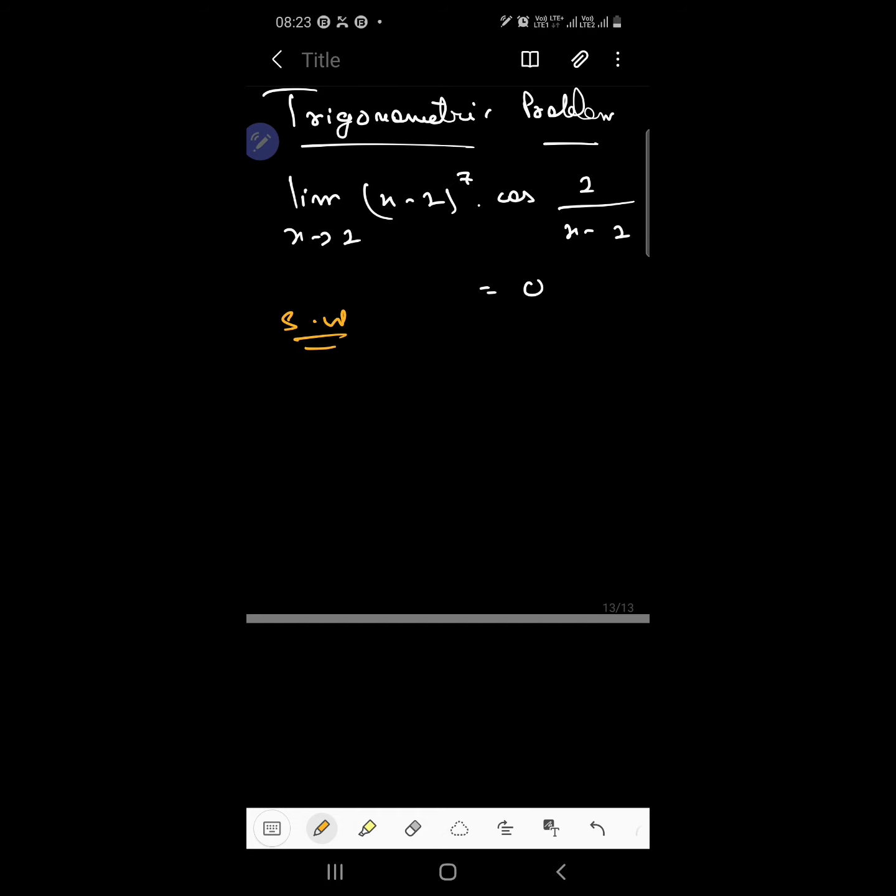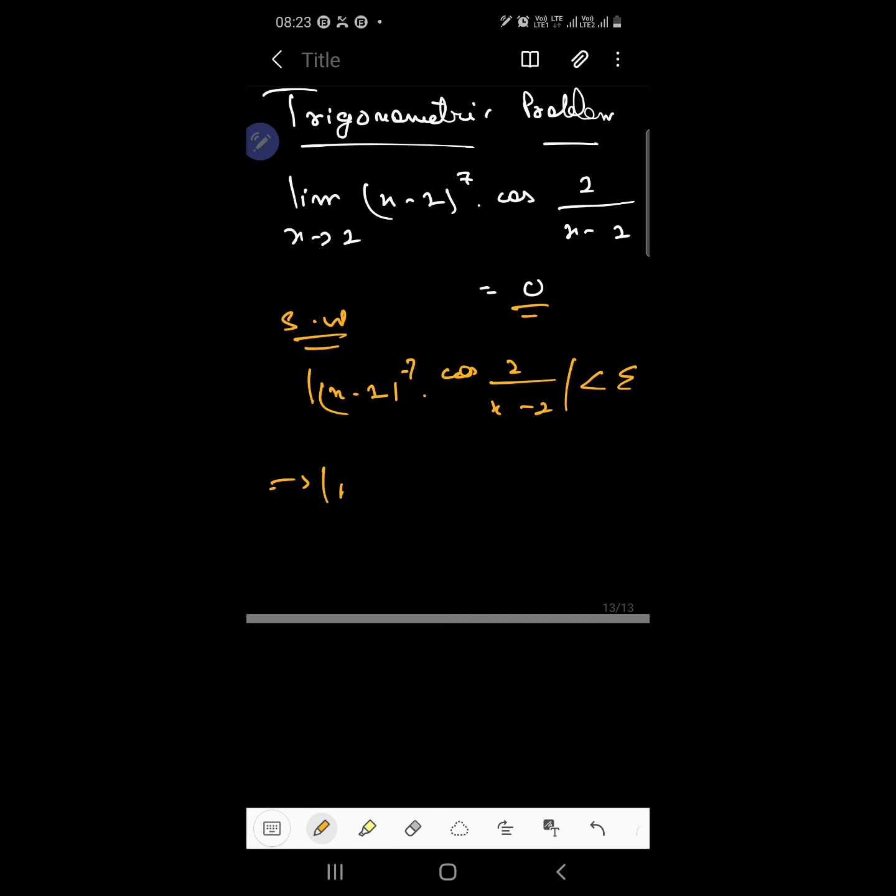So under scratch work, we find that |(x − 2)^7 cos(2/(x − 2))| < ε, because we are not writing the subtraction of 0.